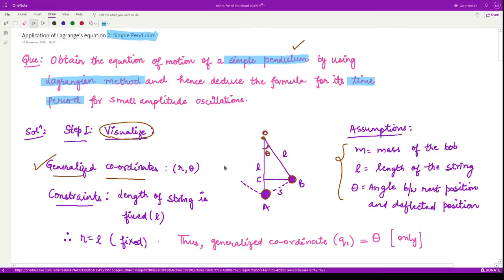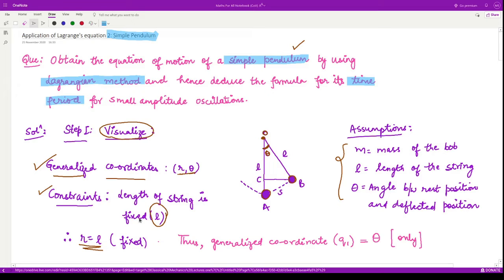For the sake of simplicity, we'll use the polar coordinates over here, r and theta, because this angle is represented by theta, and the length of the bob from the point O is r. The constraint here is that the length of the string is taken to be constant, which is L. Therefore r in our case becomes L, which is fixed.